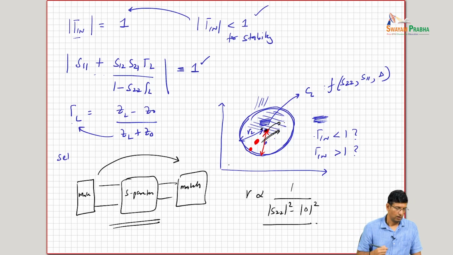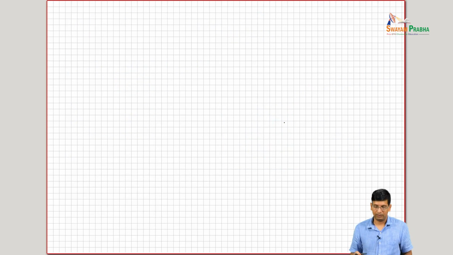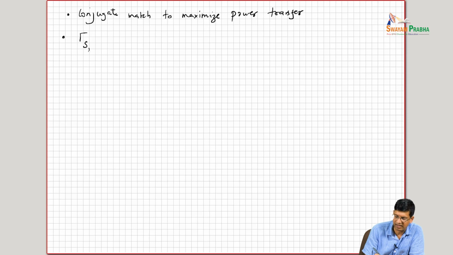Brilliant. So to review what we have looked at, we need to do a conjugate match to maximize power transfer. So there is a gamma S max for power transfer, for power gain.